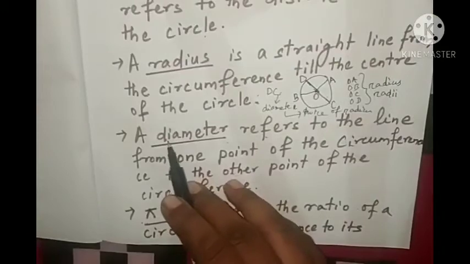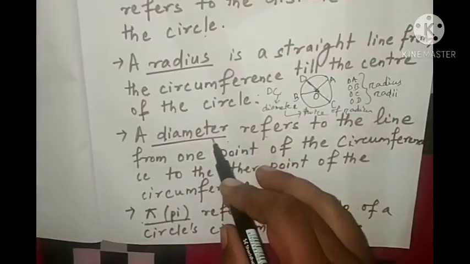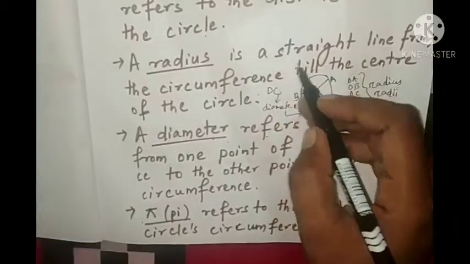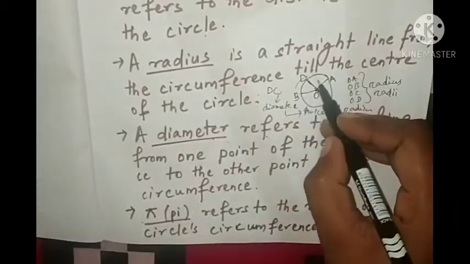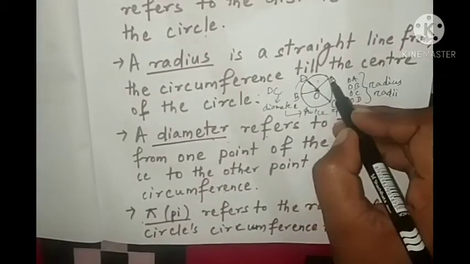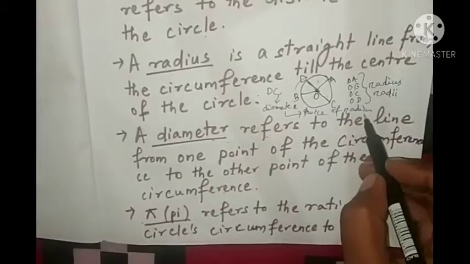So this is about our circumference, radius and diameter. Circumference is the boundary. Radius is the distance between center to the circumference, and diameter is twice of radius.